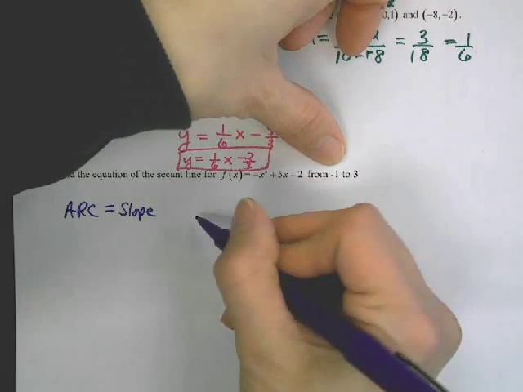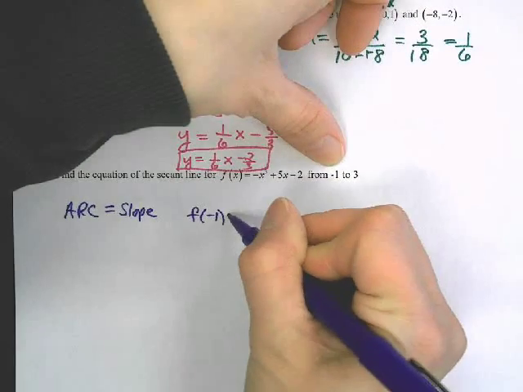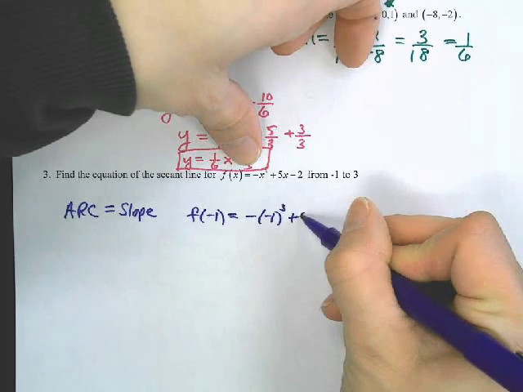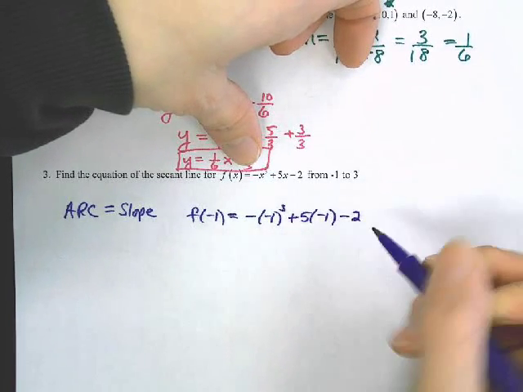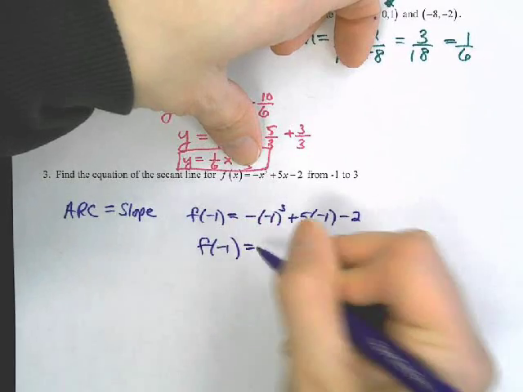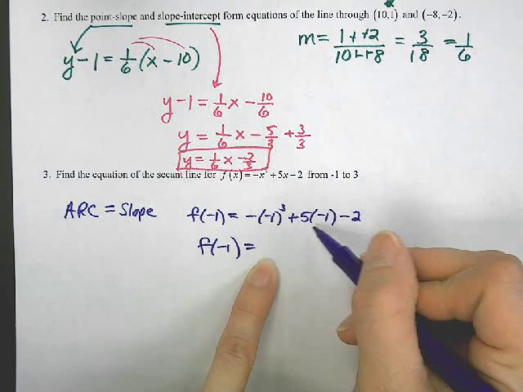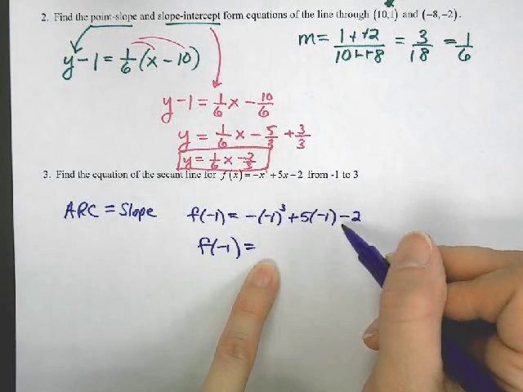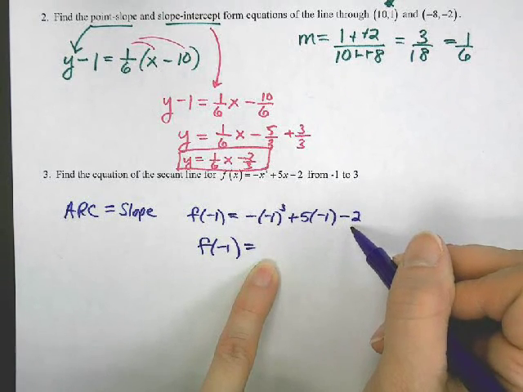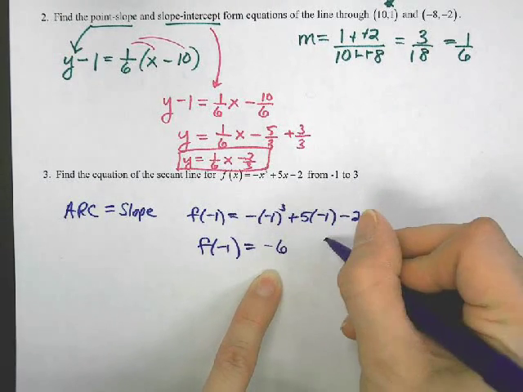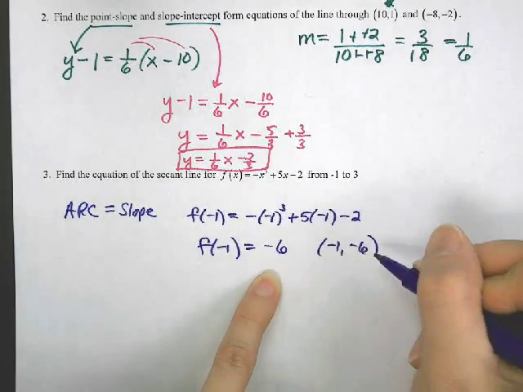It says from -1 to 3, so I'm going to do f of -1, and that's going to be -1 cubed plus 5 times -1 minus 2. So f of -1, that's positive 1 minus 5 minus 2, that's going to be -6. So that's the point, -1, -6.